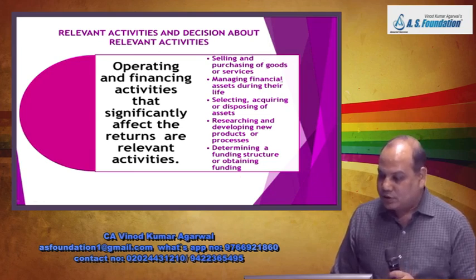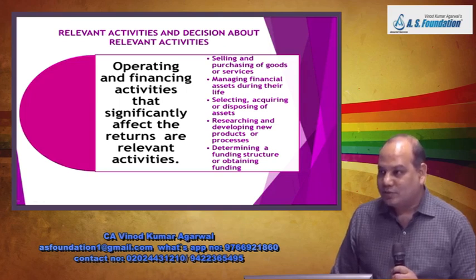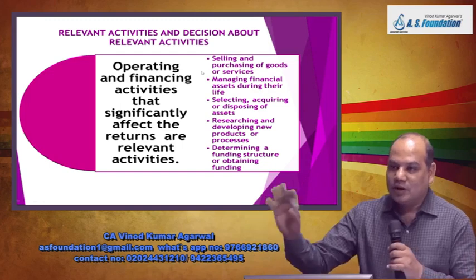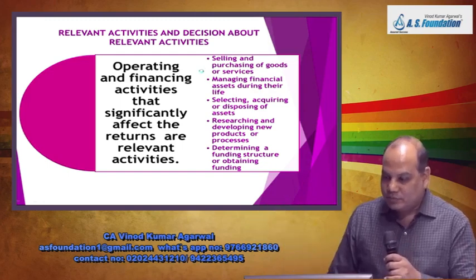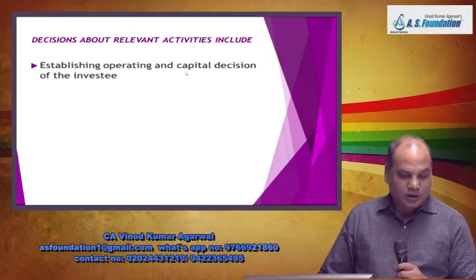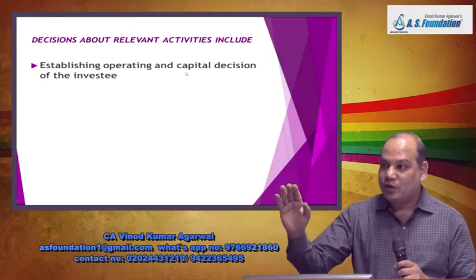These are such decisions in the life of a company which can make or break the company. And you have the power to direct these relevant activities. Then you have the control. If you can control the decision making related to these activities, you have the control.